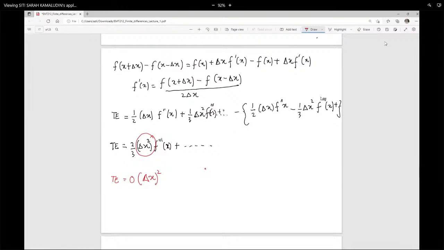From this we can say that central difference approximation has a smaller TE, because delta x squared is smaller than delta x, as delta x is usually less than 1. Right. So far any questions?